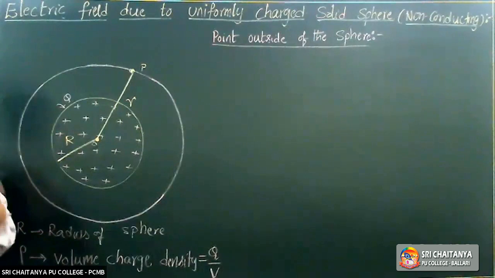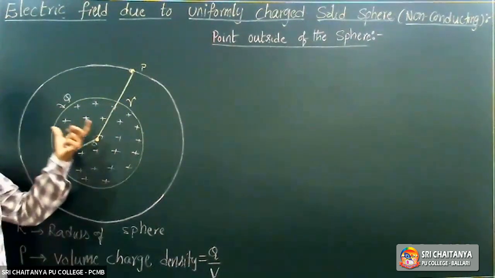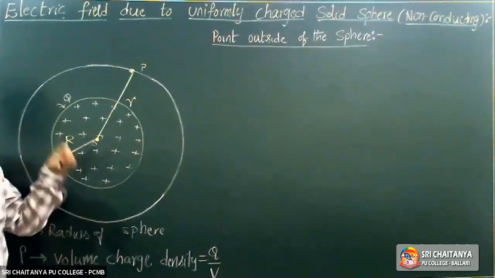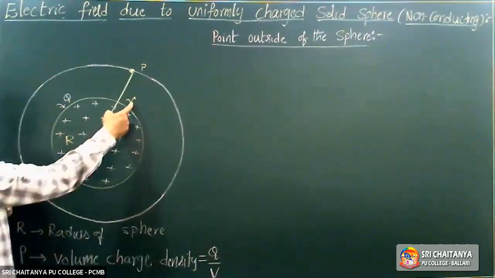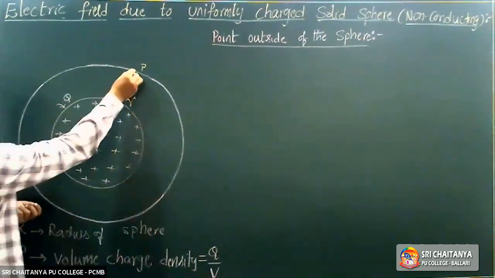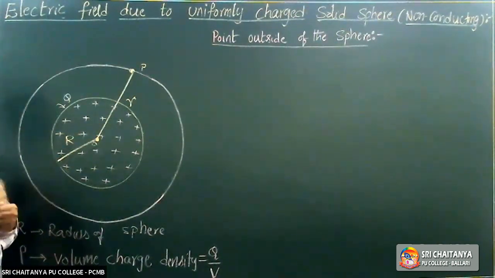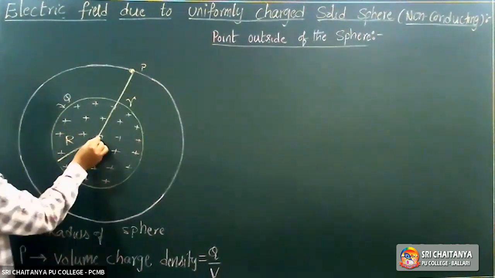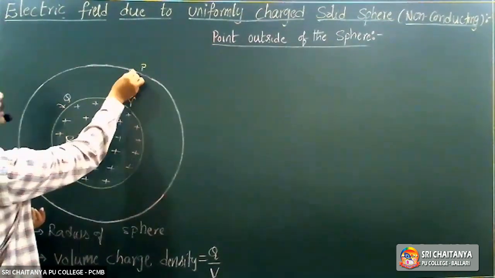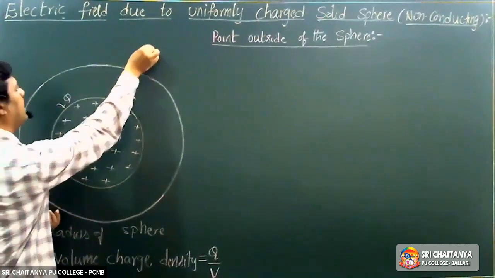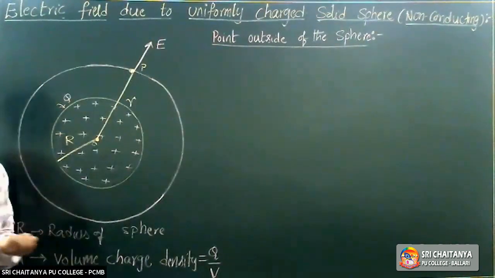Always we take distances from the center, because for charged spheres we suppose the charge is concentrated at the center. Now, to apply Gauss law, a few steps we follow. What is the first step? The direction of the field. It is a spherical charged body, so the direction of the field E is radially outward.